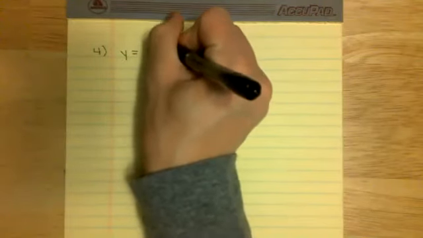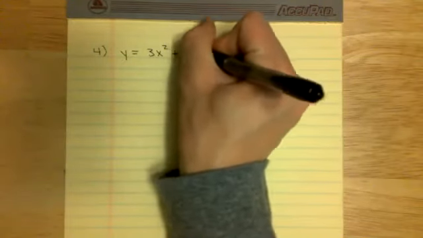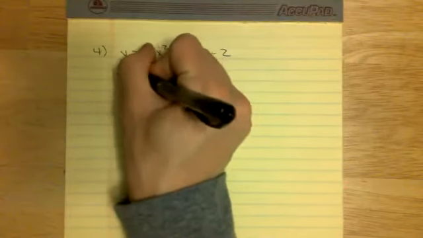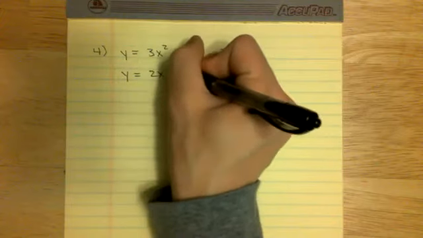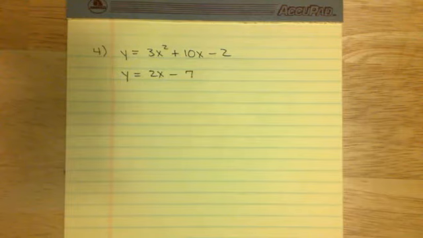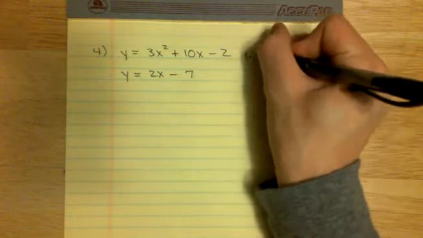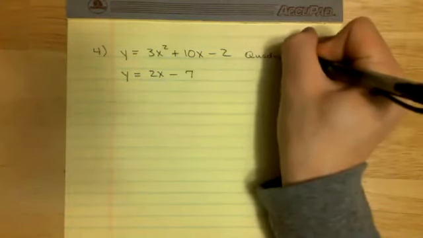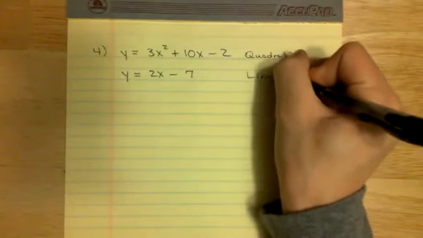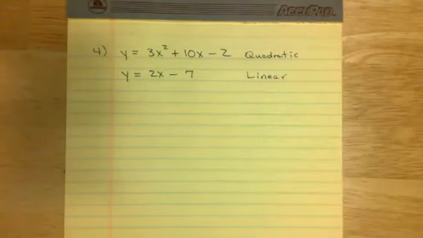So 4 is going to be y equals 3x squared plus 10x minus 2, and y equals 2x minus 7. So my top equation is going to be quadratic, and that's because the highest exponent is 2. My bottom equation is going to be linear, because my highest exponent is 1.